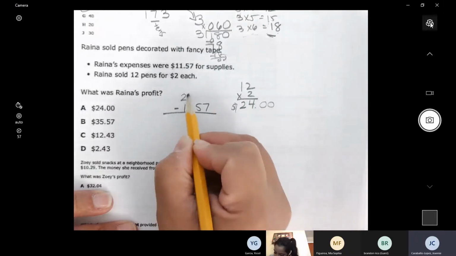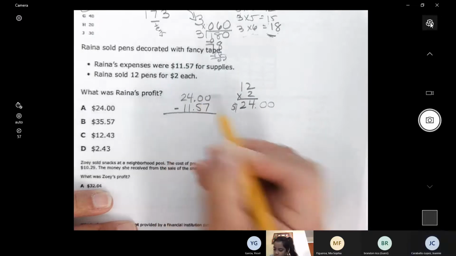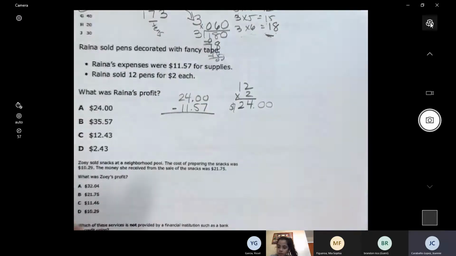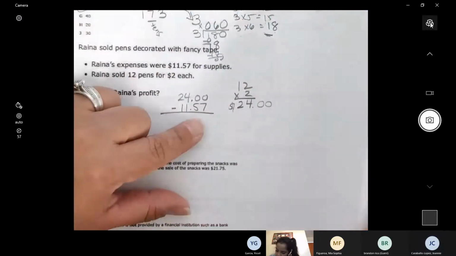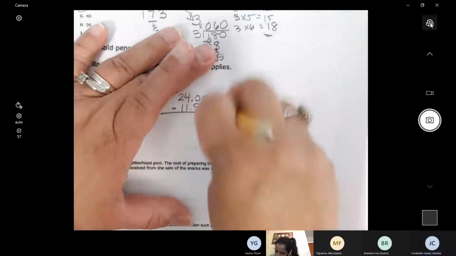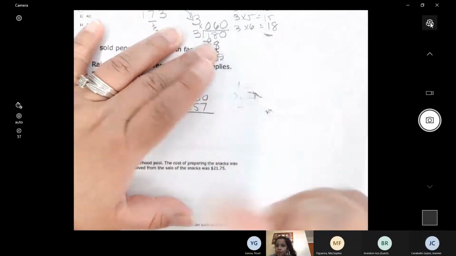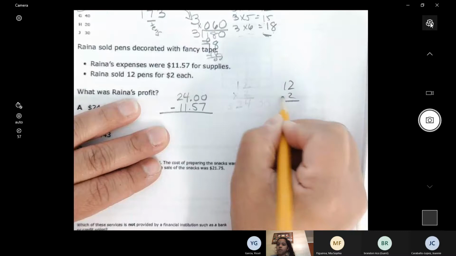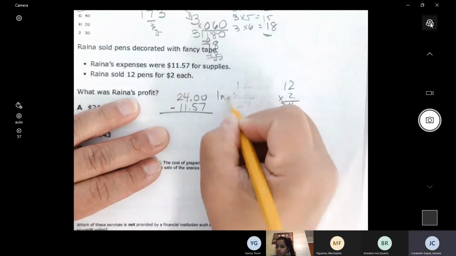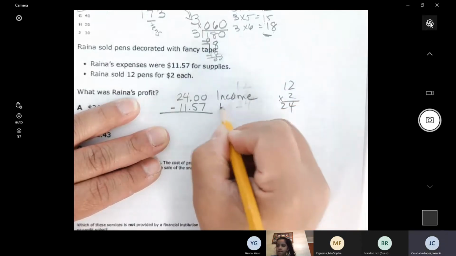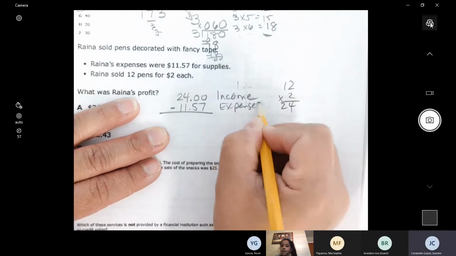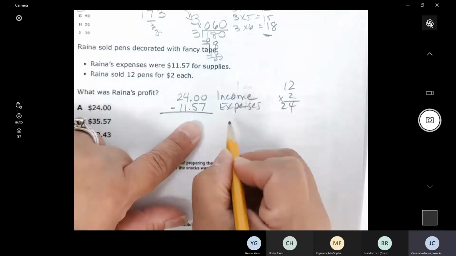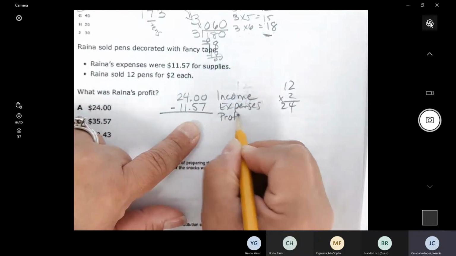So I'm going to put my $24 here, which is my income. And this is my expenses. And the answer is going to be my profit.